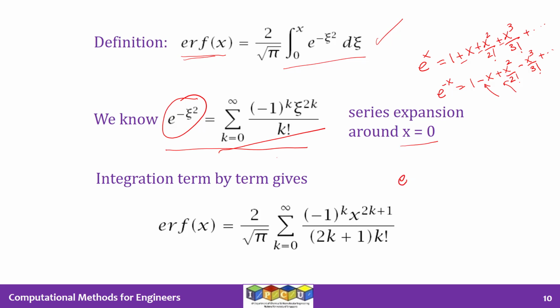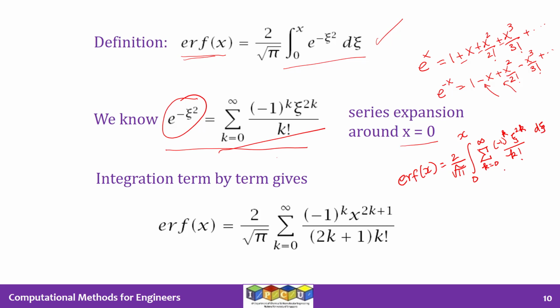So ERF of x is going to be 2 by root pi integral 0 to x. So instead of e to the power of minus psi squared, I can replace by this right hand side. So it's going to be summation k is equal to 0 to infinity, minus 1 to the power of k psi to the power of 2k by k factorial, d psi.